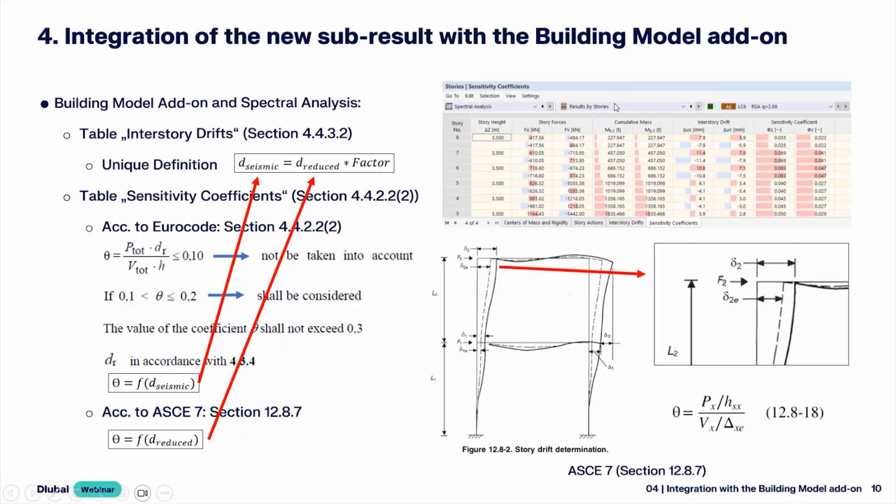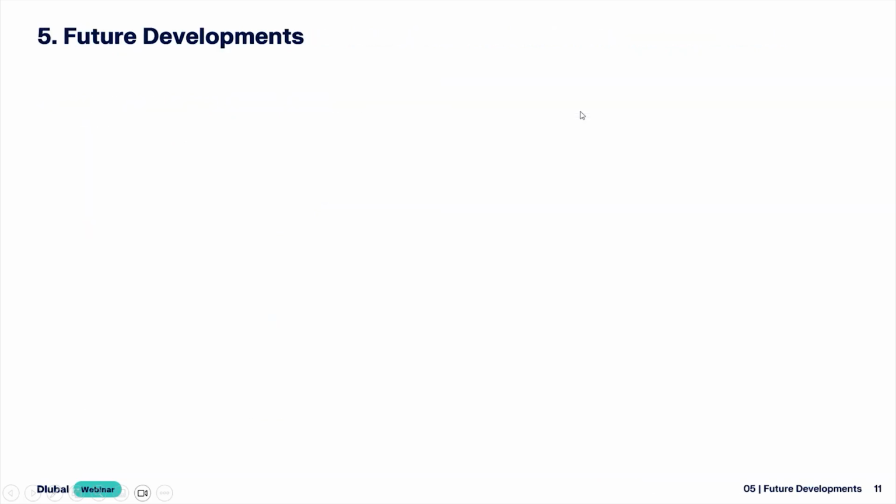So let's go back to the presentation just for a final word on the future developments on this topic, seismic displacement. As I just did in the program, I create a result combination for the seismic displacement, and each standard defines how the vertical load should be combined with the seismic displacement.